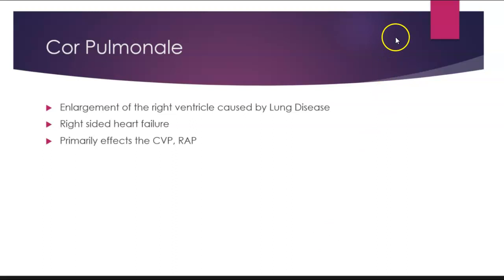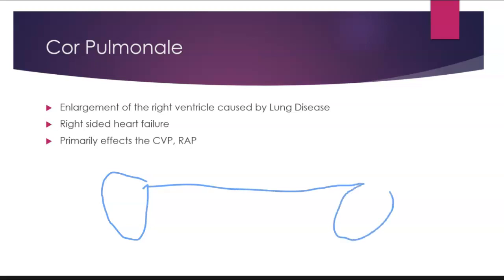Okay. And if you think about your drawing again, the right side of the heart, and then the left side of the heart, and the lungs being in the middle.